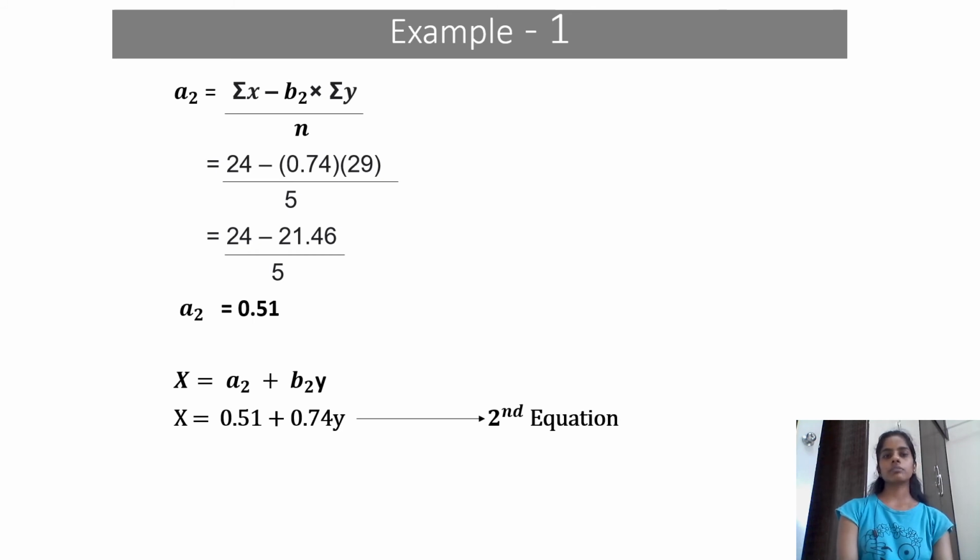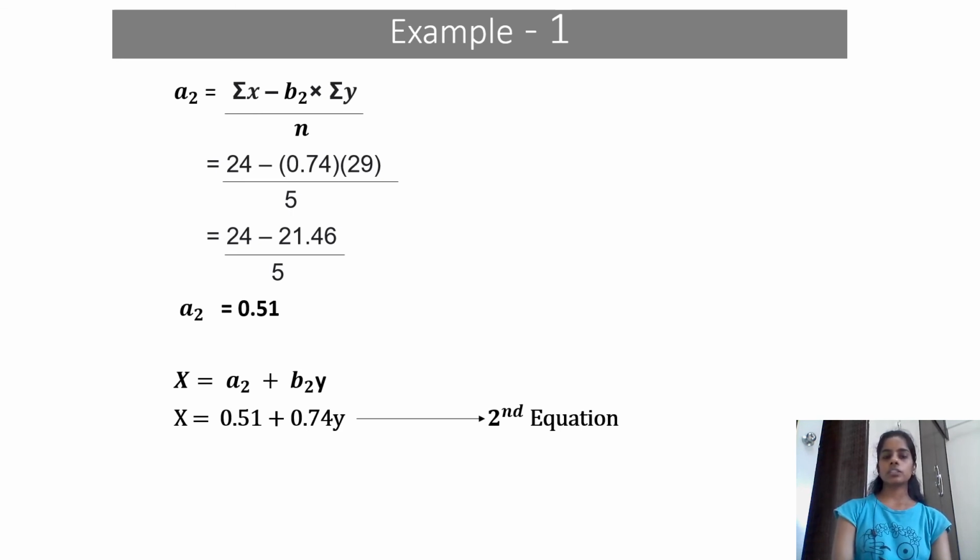Now we want to calculate a2. So a2 is equal to summation x minus b2 into summation y, the whole divided by n. So summation x is 24 minus b2 is 0.74 into summation y is 29, the whole divided by n, that is 5. So it is equal to 24 minus 21.46 divided by 5. So we will get a2 is equal to 0.51.